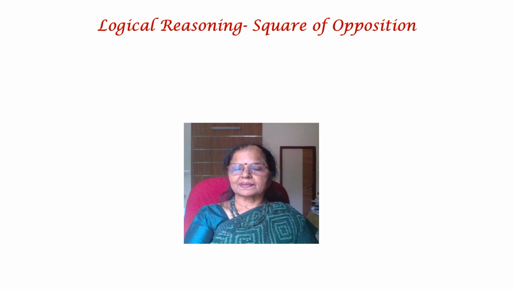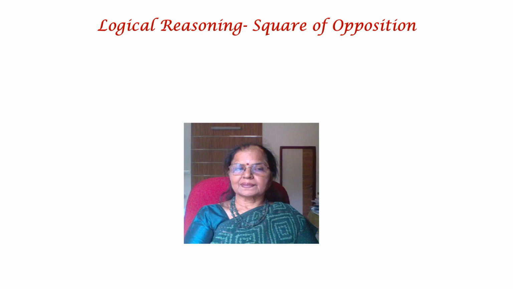Well, friends, we have come to the end of the video, and please try to learn how to draw the square. It is very important. You must learn to draw the square and label all the kinds of relationship between them. First draw the square, then name the corners as A, E, I, O. Then the two diagonals are contradictory, and the topmost is contrary.